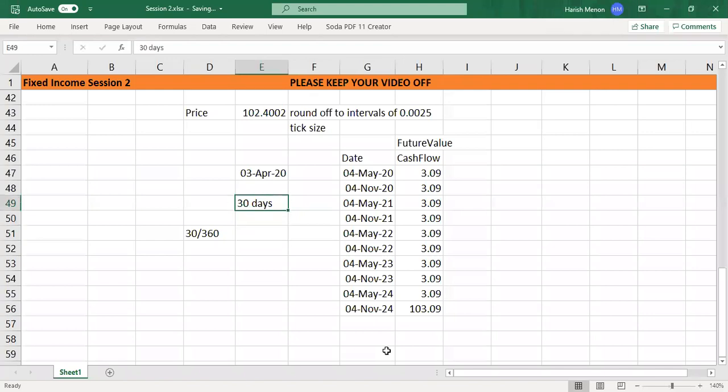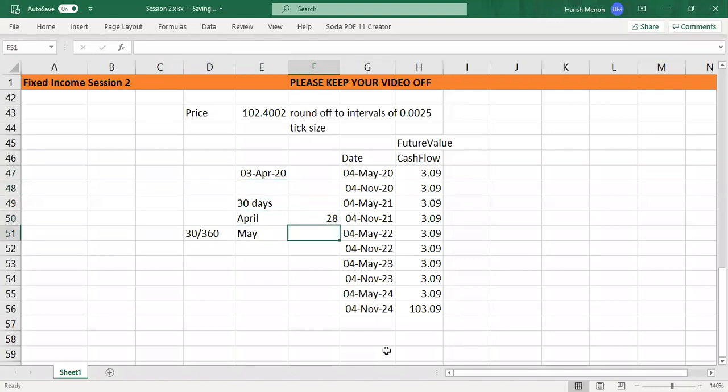So 30 days is what we will assume in every month. April, May, June. Every month we have 30 days. We don't calculate 31 and 28 and all that depending upon the month. Now, calculate from 3rd of April. In April, you will have remaining 28 days. You will receive the interest from 3rd April, 28 days.